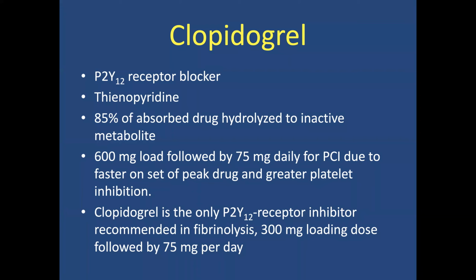So the tablet that patients put in their mouths actually has no active metabolite in it. 85% of what is absorbed is actually hydrolyzed to an inactive metabolite. So obviously only 15% is converted to an active metabolite through the CYP2C19 system in the liver.